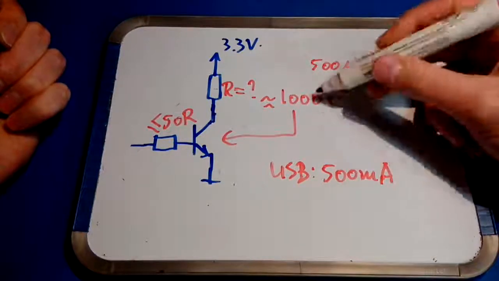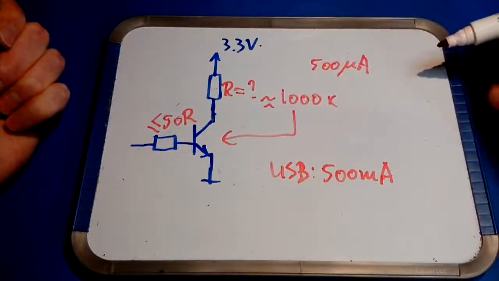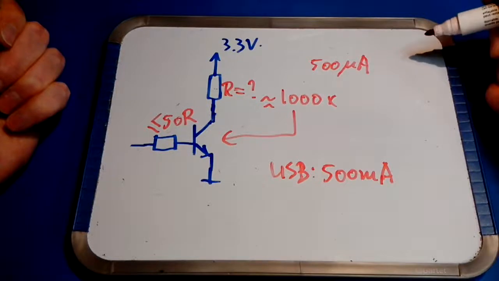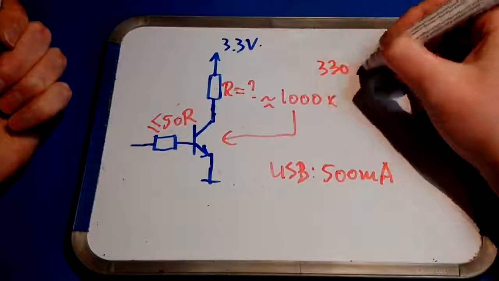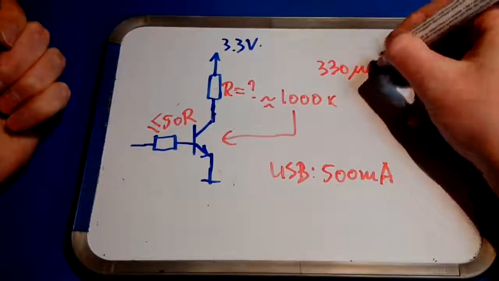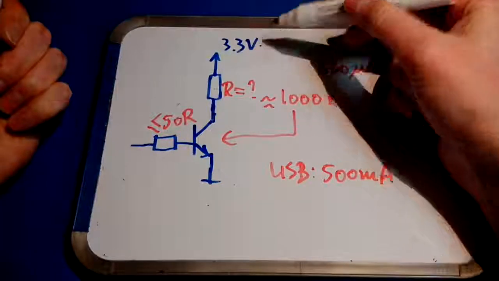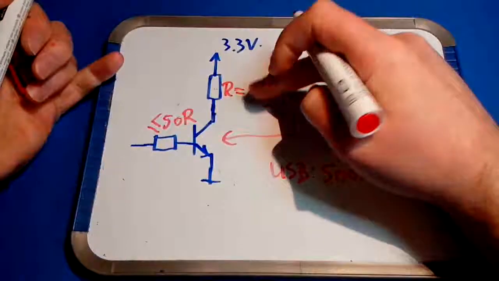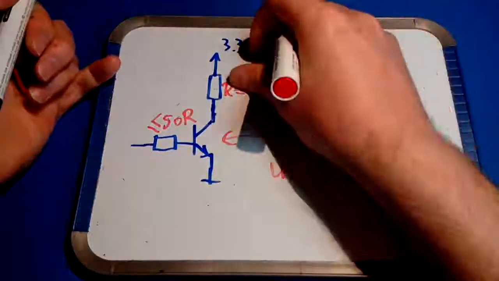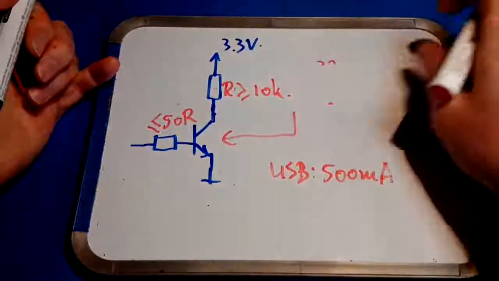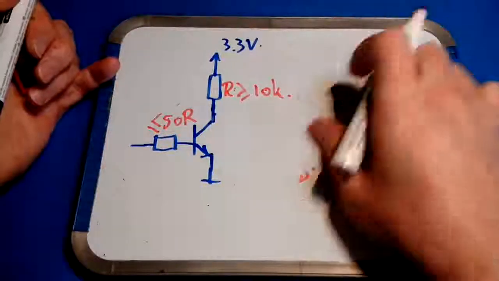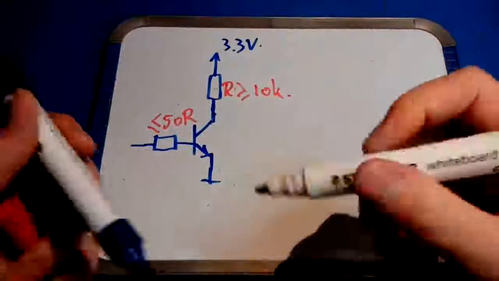Right, 500 milliamps, 1000 times 500 microamps. So let's say for convenience 330, let's be conservative. And because this is 3.3 volts, it follows that this resistor must be more than 10k. Okay, so that would fit inside the USB power supply.